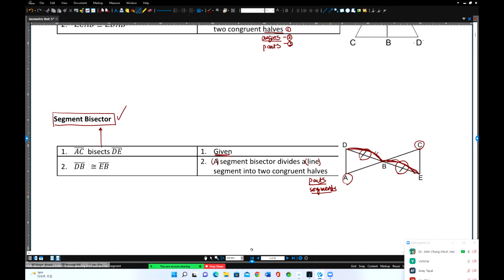You can use anything, same as the angles. But you have to memorize this one. When you have the given segment bisector, you can go directly to two equal sides are congruent. That is a segment bisector. Are you okay with this?